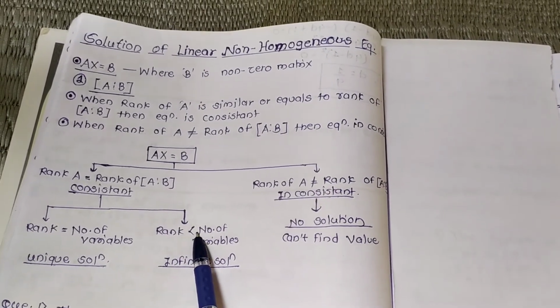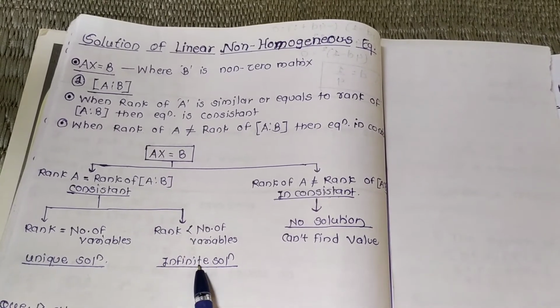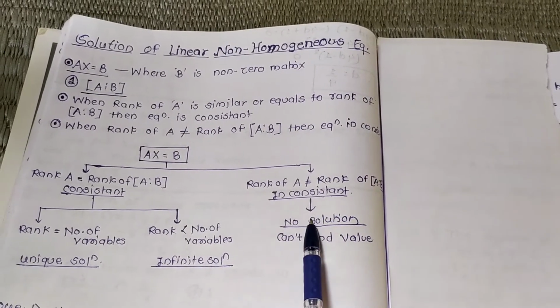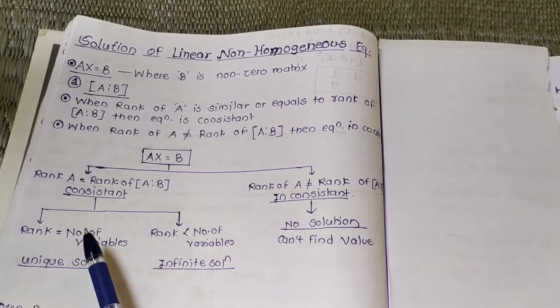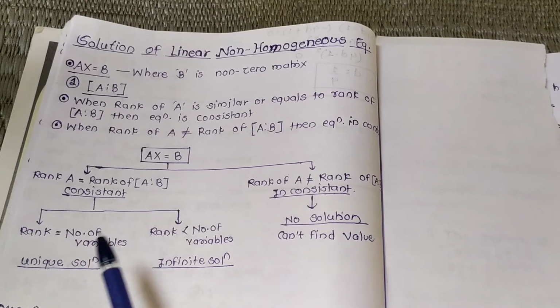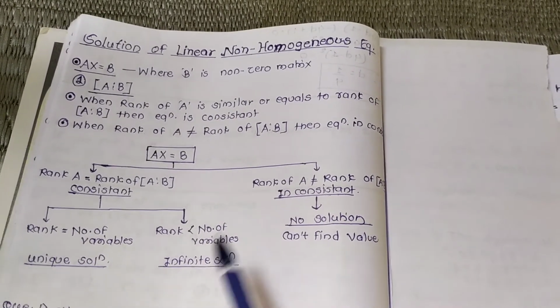If the rank is less than the number of variables, then infinite solutions. But in the inconsistent case, there is no solution.